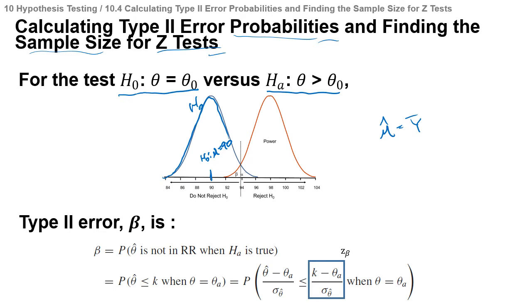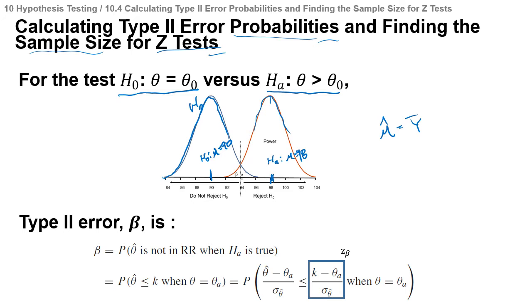And also under the alternative hypothesis HA, if mu equals about 98, then under the alternative, the distribution would be something like this, and so we can calculate type 1 error and type 2 error.